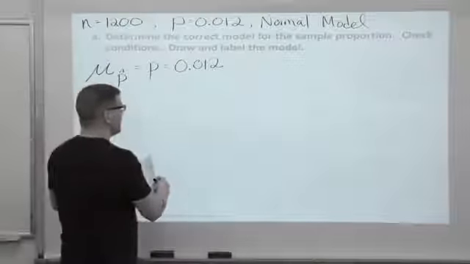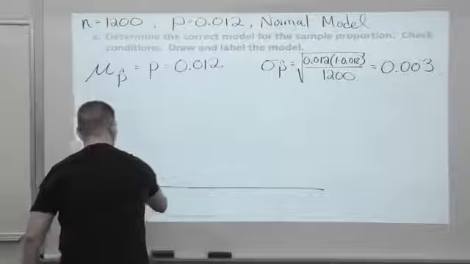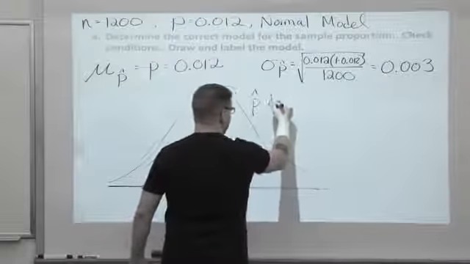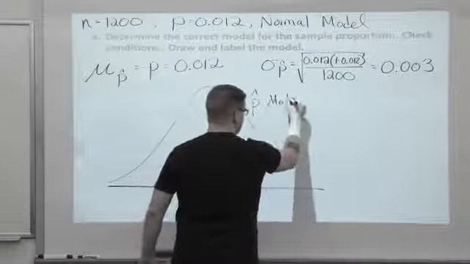All right, let's draw this thing out. Put here. This is the p hat model. Now, I've never written this before, but just keep in mind, I don't know if I spelled it right, that's the theoretical model.